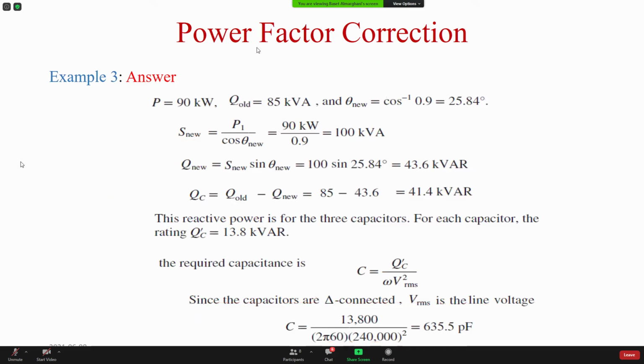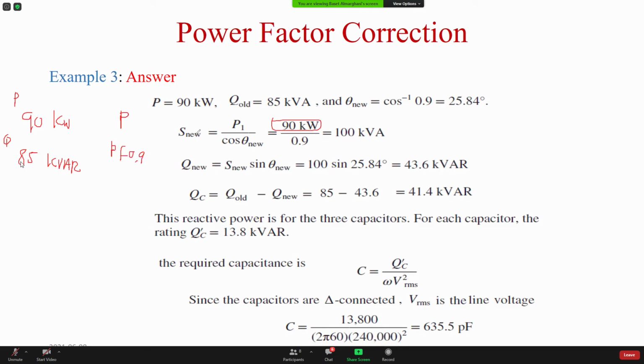So we have the old system, 90 kilowatt, 85 kilovolt ampere reactive. This is the Q, this is P, this is Q. The new system, P is the same. Power factor, the new is 0.9.